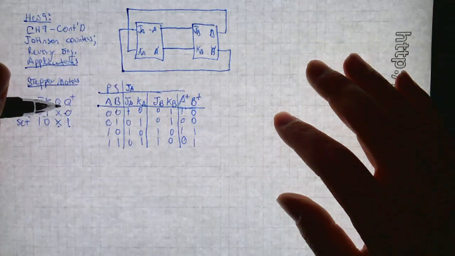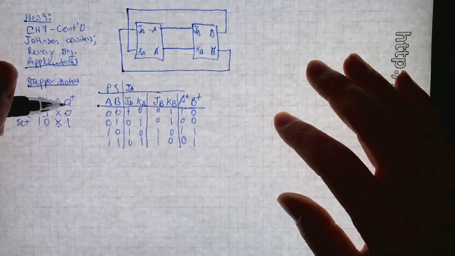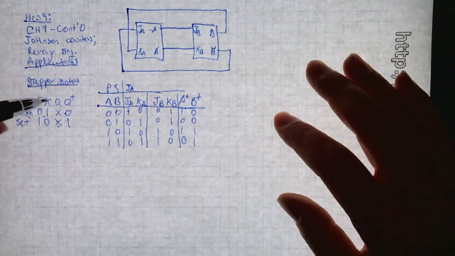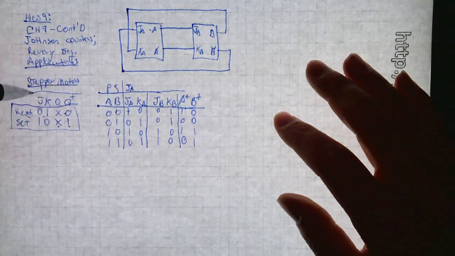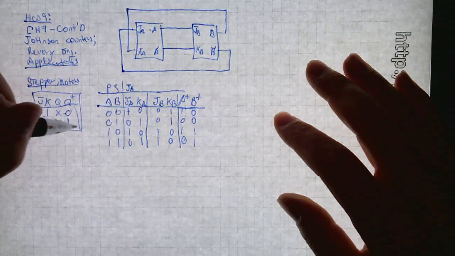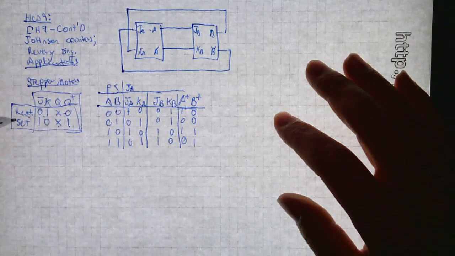Does everybody kind of see how I got that? I hope I didn't go too fast. Is it clear? This part in here. A little too fast. Okay, a little too fast. Let's take a look at the set and reset for the JK. J is a set, K is a reset.